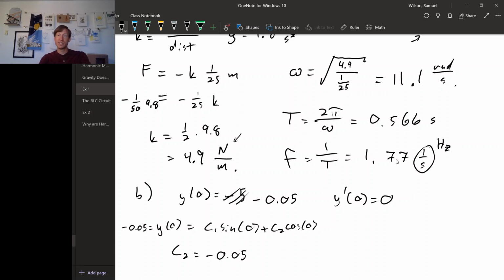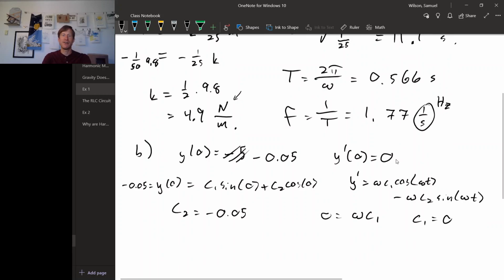To use our initial condition for velocity, we need y prime. y prime is omega times c1 cosine omega t minus omega times c2 sine omega t. We do know omega, but I'm just too lazy to write it down. So now we can use our initial condition. 0 is y prime of 0, so plug 0 into our expression for y prime, and we get omega times c1, and so c1 is 0.